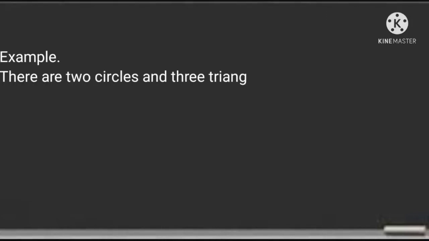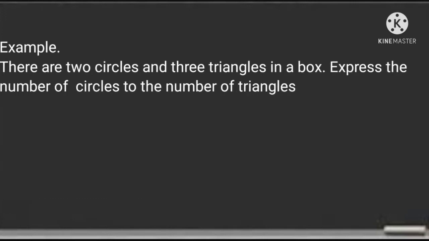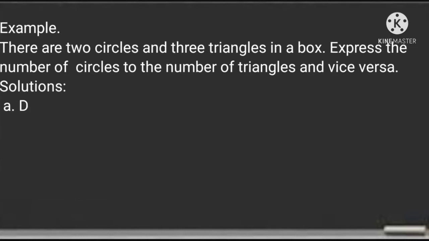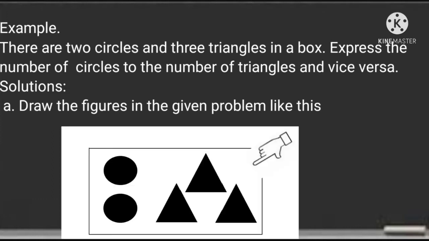Example, there are 2 circles and 3 triangles in a box. Express the number of circles to the number of triangles and vice versa. So we have here the solutions. So you have there in the drawing 2 circles and 3 triangles.